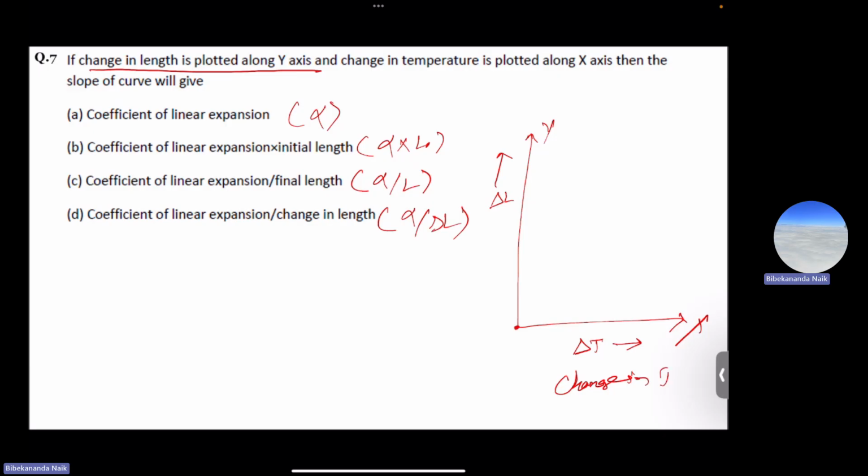Suppose this is a line we draw, then what will be the slope of the curve? That we need to find out. If this is the line, then what will be the slope? We will determine.